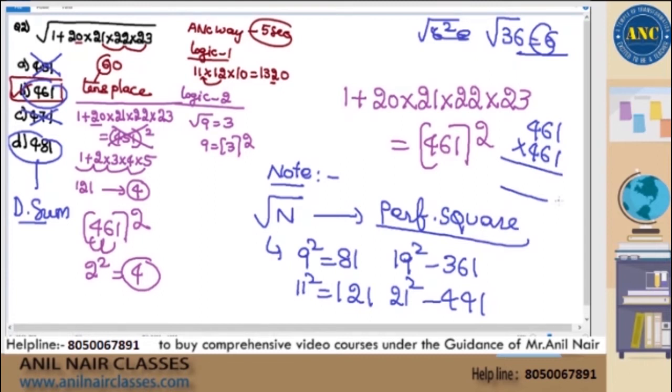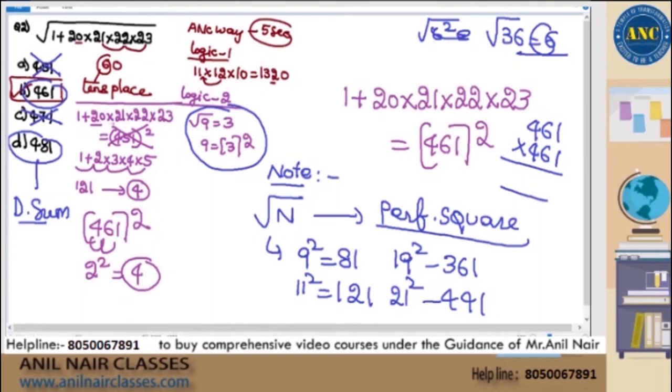Right, Tabasum, listen carefully. Square root of 1 plus 20 into 21 into 22 into 23. Root of 9 is 3, 9 is equivalent to 3 square. If I remove the square root, the answer will be a square.